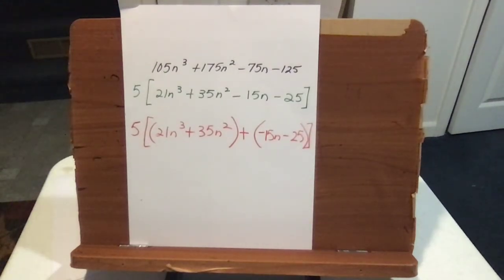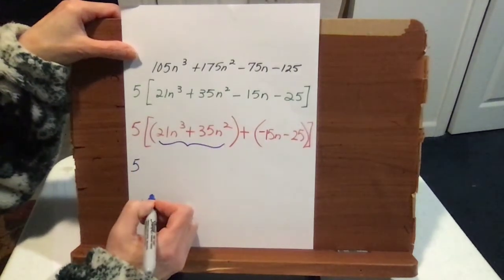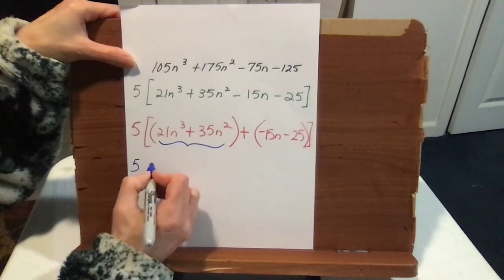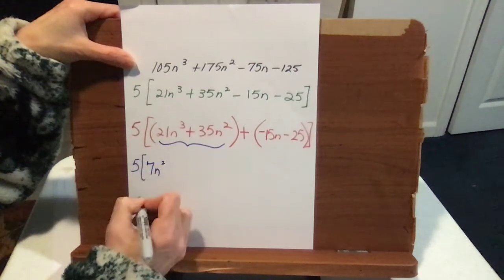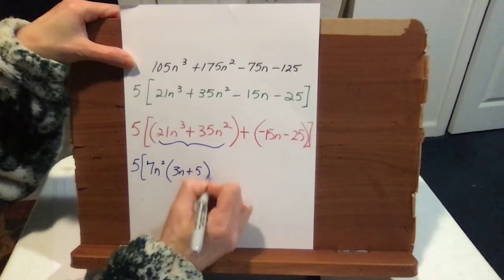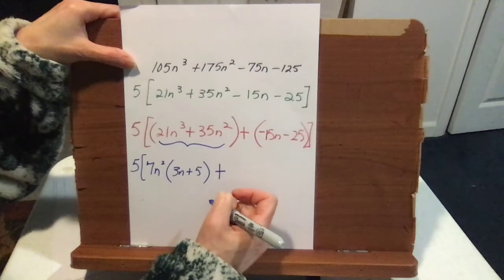All right, now we're ready to factor. Okay, keep our GCF of 5. 21n cubed plus 35n squared, we're going to take out a 7n squared, and we'll be left with 3n plus 5, plus negative 15n minus 25.